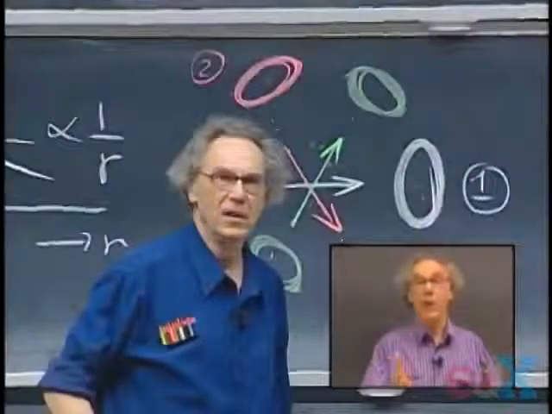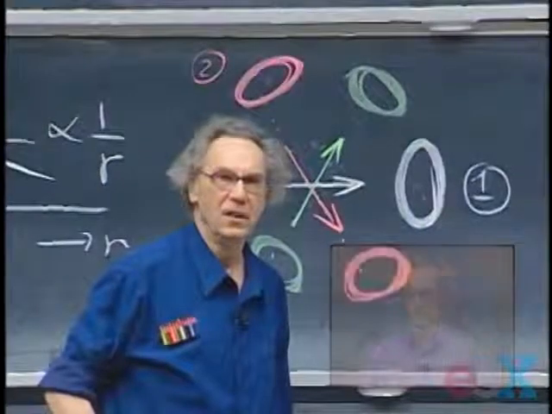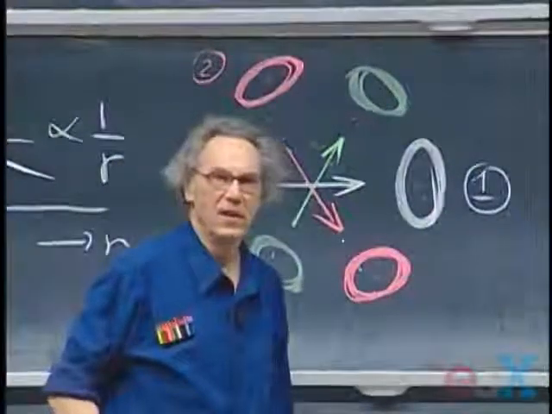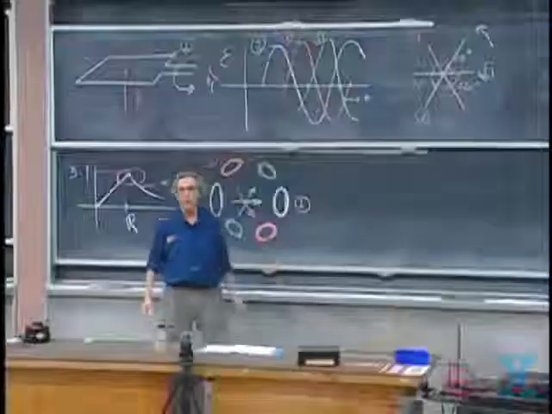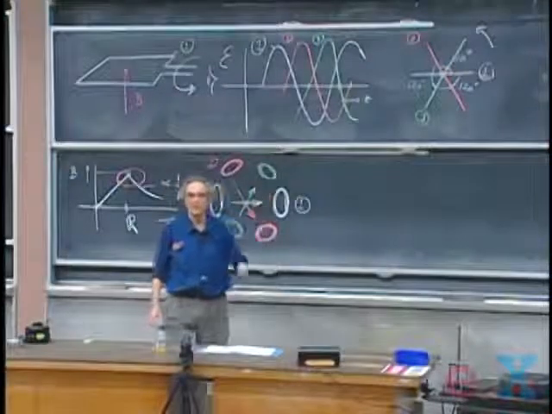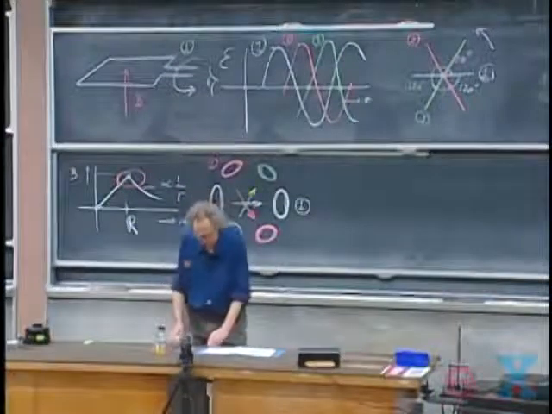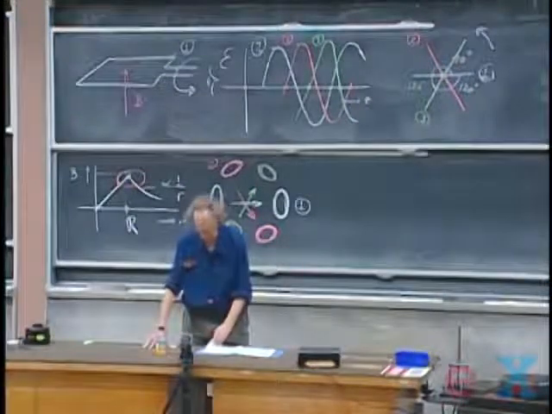Okay, let's now go back to my original lecture. It rotates once around in the period of your alternating current. If that is a 60 Hertz current, then it will rotate around with 60 Hertz, 60 times per second.